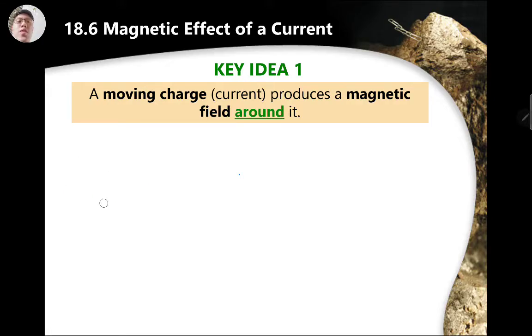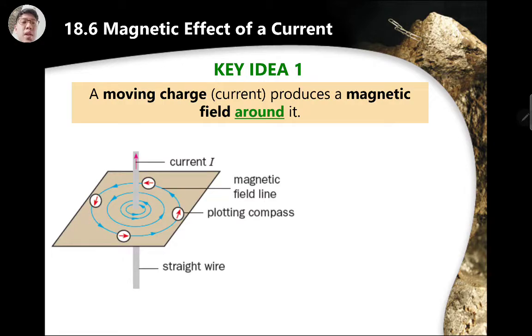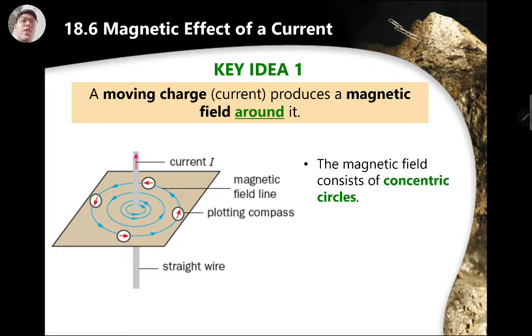So if you have a current flowing through a wire, basically a current is made out of moving charges, but a current flowing through a wire, just like what Ørsted discovered, you will get a magnetic field produced around it. Some important things about this magnetic field: the magnetic field consists of concentric circles. Concentric means they have the same center. All the circles have the same center, which is the straight wire where the current is flowing through.